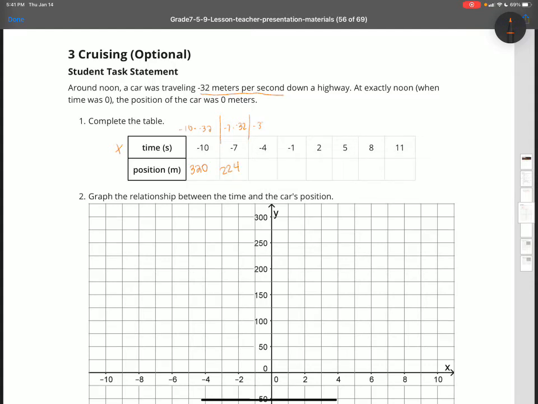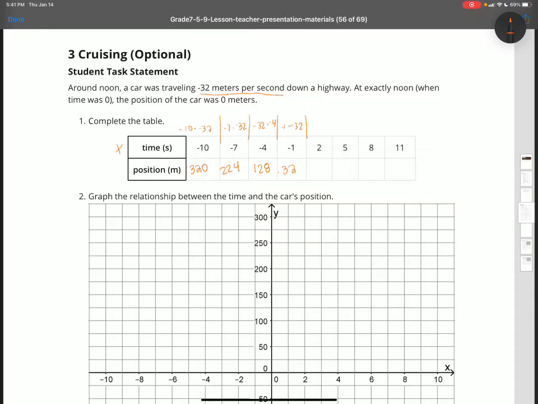Then negative 32 times negative 4 gives me 128. Then negative 1 times negative 32 is going to give me positive 32, because both signs are negative.